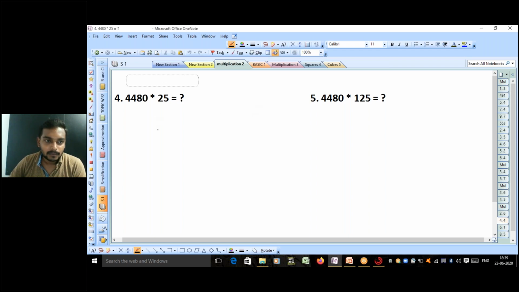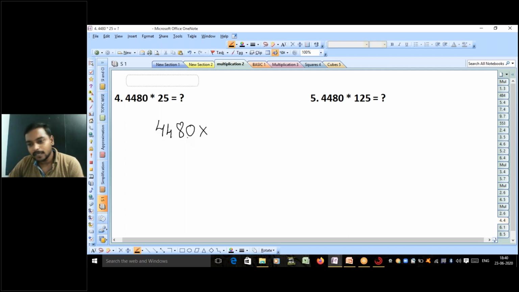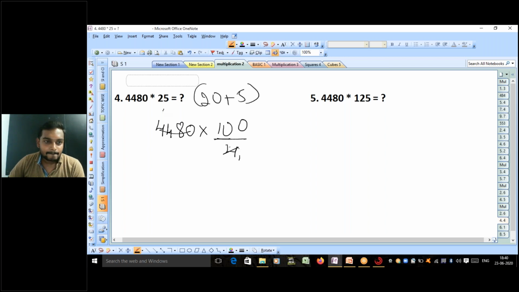Here we have a number 4480 multiply with 25. 25 can be taken as 20 plus 5, or else 25 can be taken as 100 by 4. 4 ones are 4, 1 1 2 0.